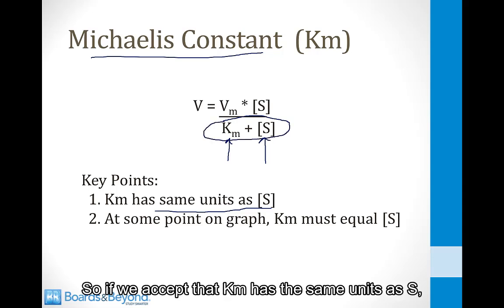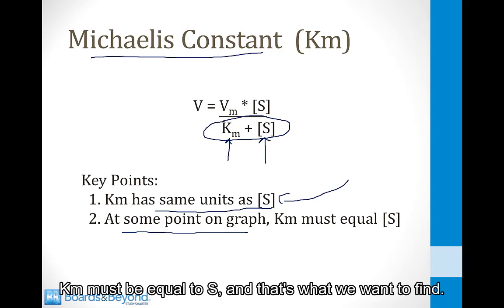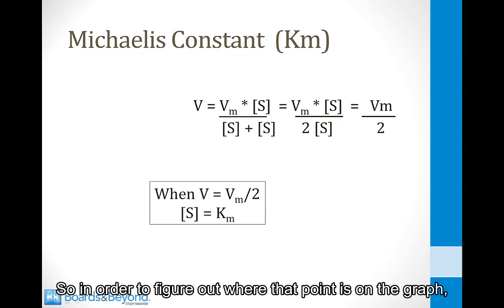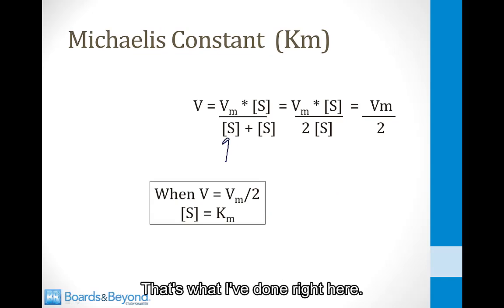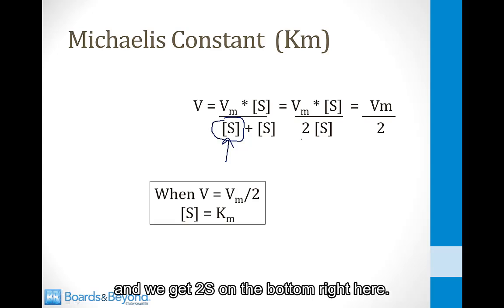If we accept that Km has the same units as S, then we should also be able to accept that at some point on the graph, Km must be equal to S. And that's what we want to find, that point on the graph so we can identify Km. In order to figure out where that point is, let's just change Km to S. That's what I've done right here. Instead of writing Km, I've written the concentration of S. Now we put this together, and we get 2S on the bottom.